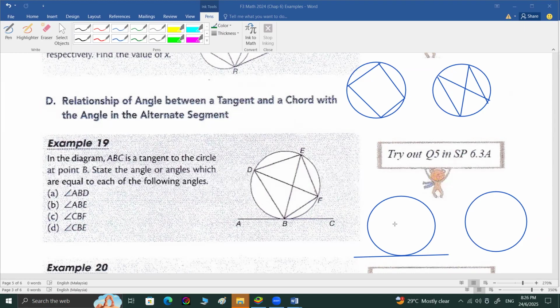What does that mean? Okay, class, see here. From this point on the tangent, I draw any triangle. Let's say I have a tangent here and I can draw any triangle. So now another formula to show you.